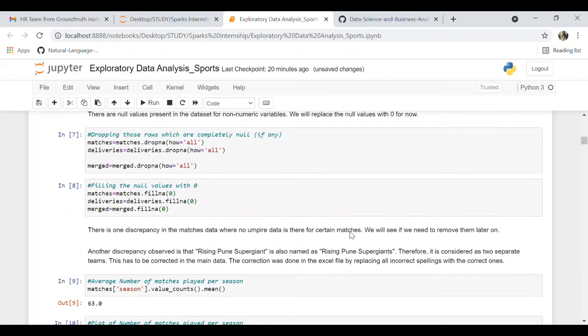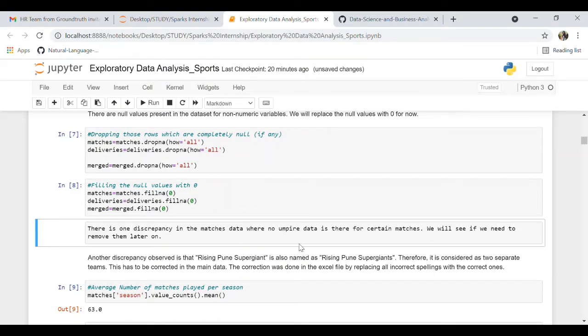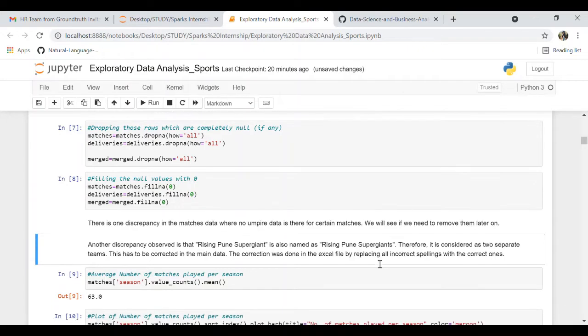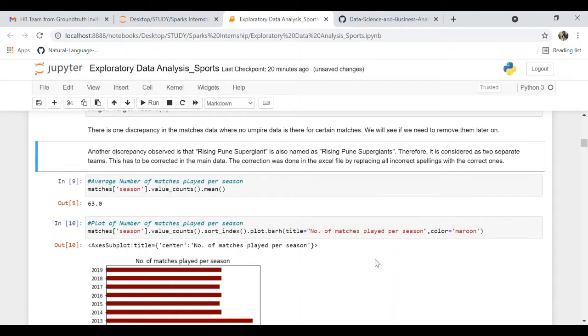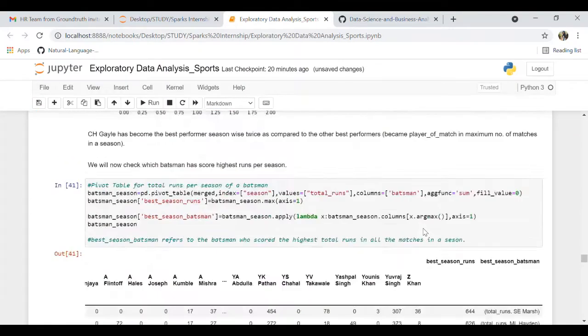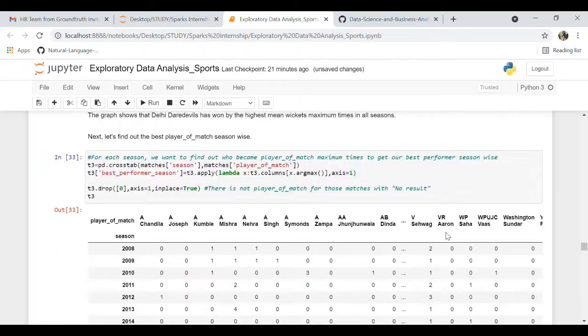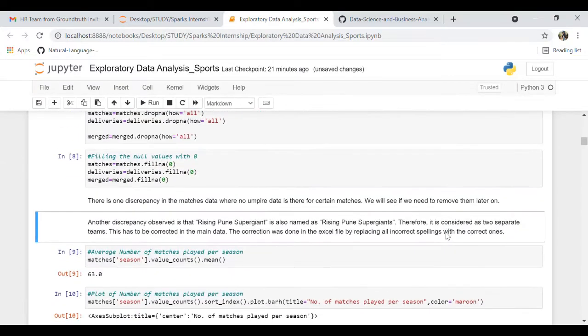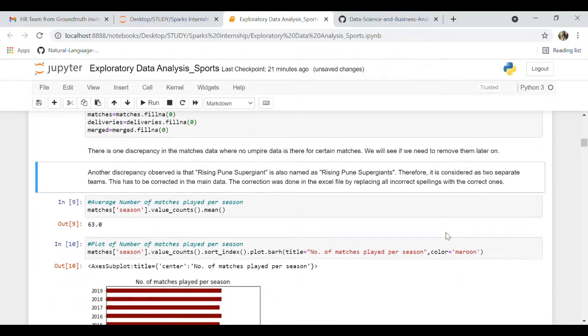There are certain discrepancies in the data where for certain matches umpire data was not there, and the Rising Pune Super Giant was misspelled as Super Giant, so that was also corrected. Now the conclusions portion, we will see vividly what conclusions were drawn from this analysis. Now I'll go one by one through the code.